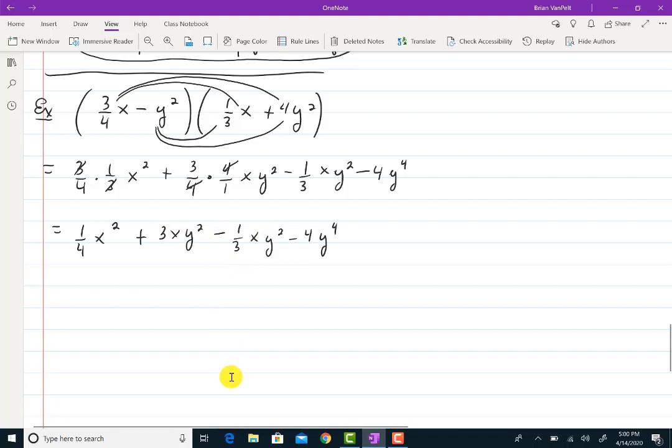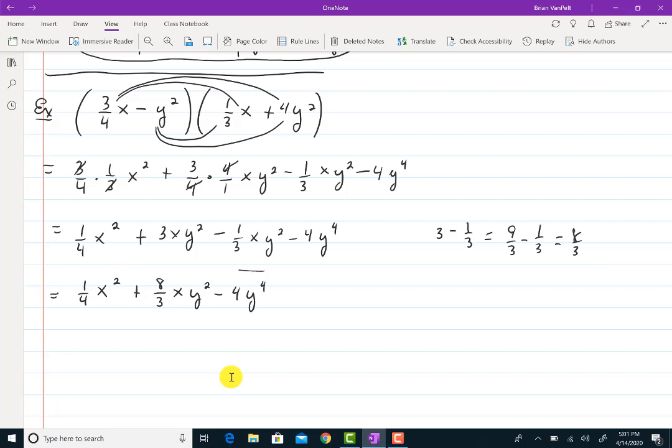So if I've got to do 3 minus 1/3, it's better to think of that as 9/3 minus 1/3, or 8/3. And so for my answer, I get 1/4 x squared plus 8/3 xy squared minus 4y to the 4th.